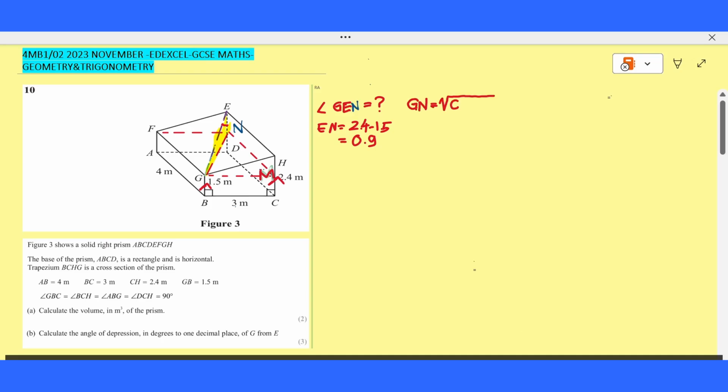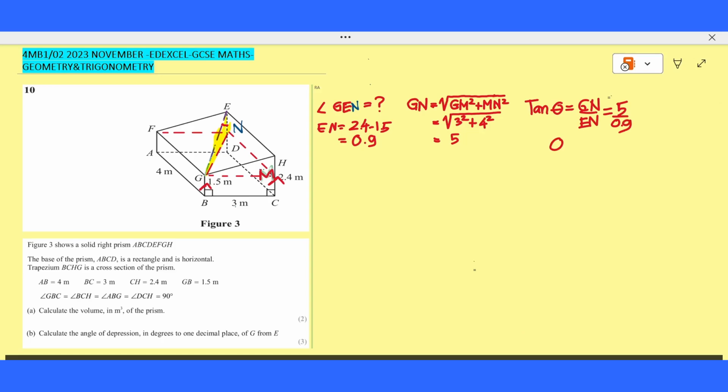This GN we can count by actually EN and GN. So EN will be 2.4 minus 1.5.